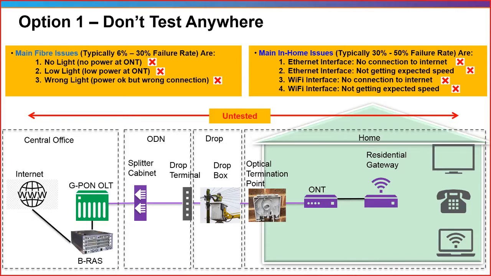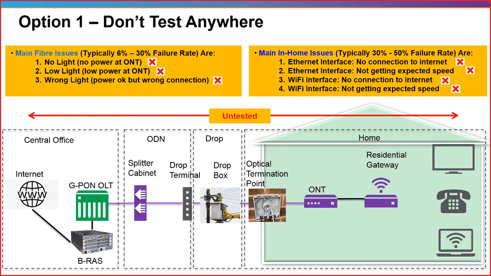So the technician is just connecting up the fiber. He's not doing any inspection, so you could have dirty or damaged connectors. He's not measuring the power, so he doesn't know if he has light at the ONT. Maybe he does have light, but it's low. But again, in this scenario, he's not measuring, so he's unaware.